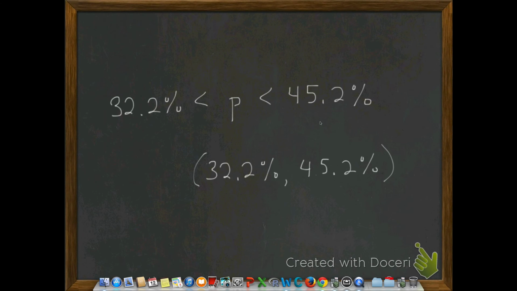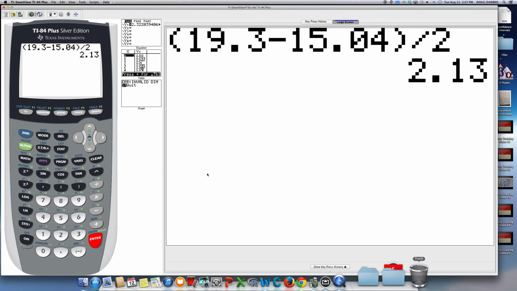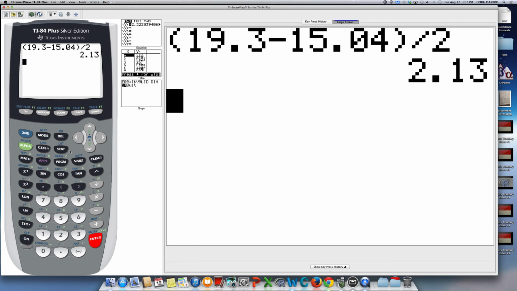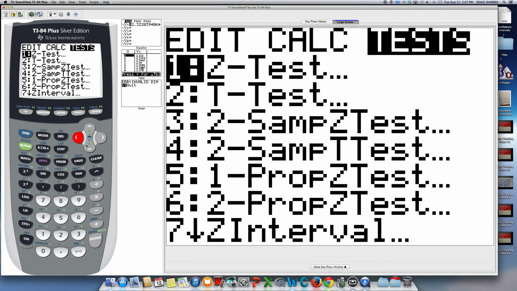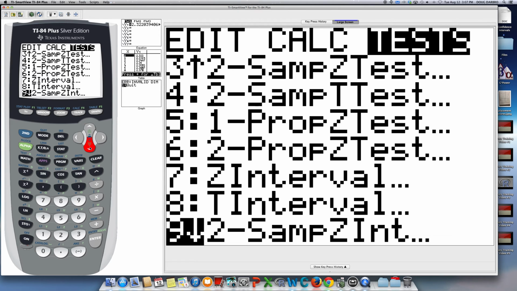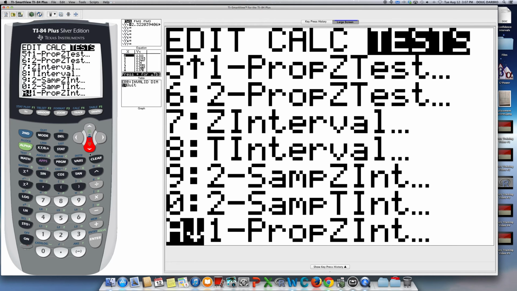All right, guys, let's test it out on our calculator. Let's go to stat, over to test, and come down to A, which is a 1 prop Z interval.